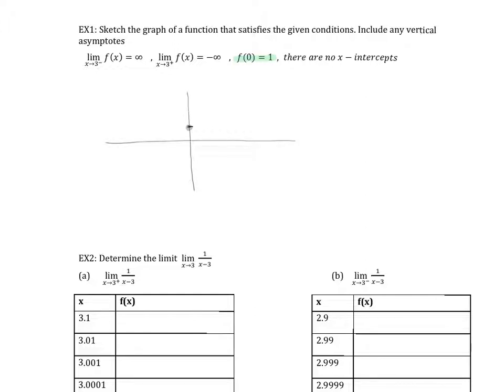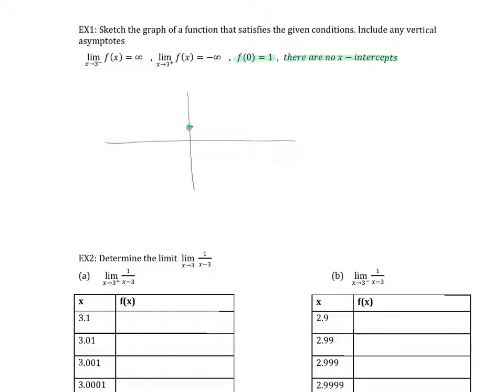I'm going to use green. So it's going to pass through the point 0, 1. There are no x-intercepts, so whatever graph I draw can't cross over the x-axis.